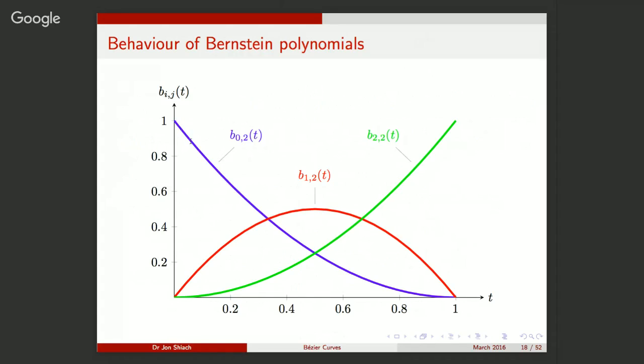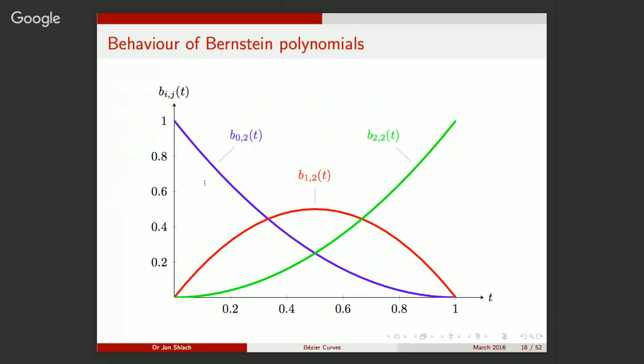This blue one here corresponds to the Bernstein polynomial which is multiplied by the first control point. The red one is multiplied by the second control point, the green one by the third. So what does this mean? Well, in our Bezier curve, let's say t is small, somewhere about 0.1.